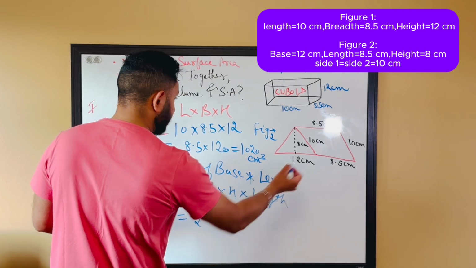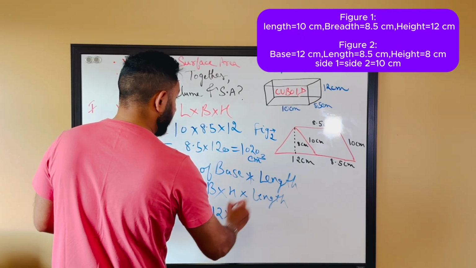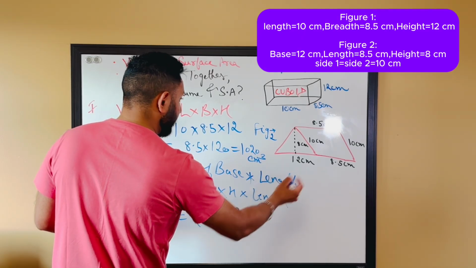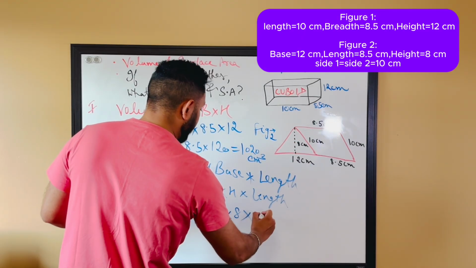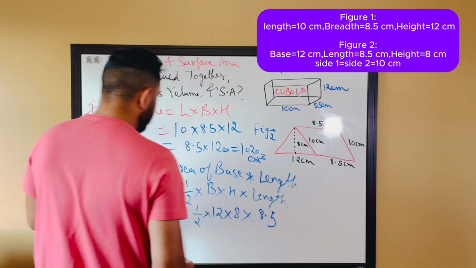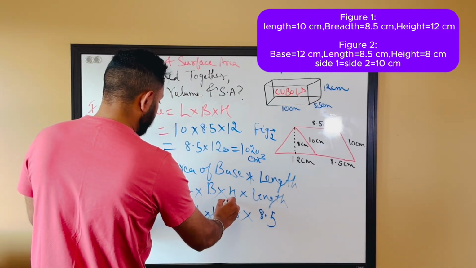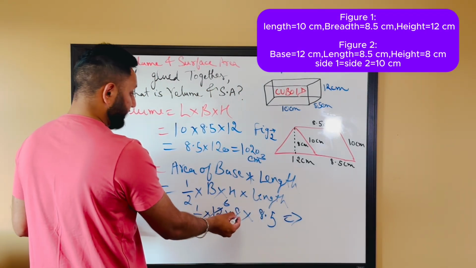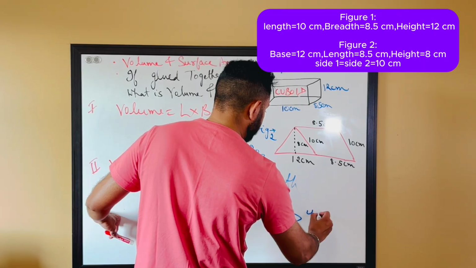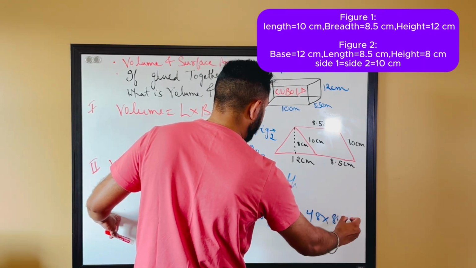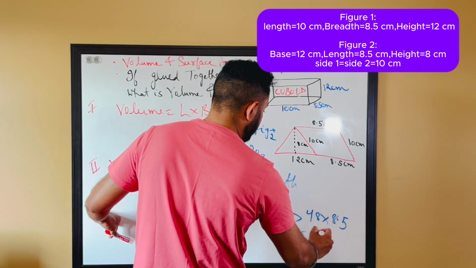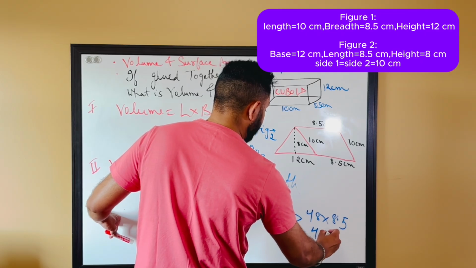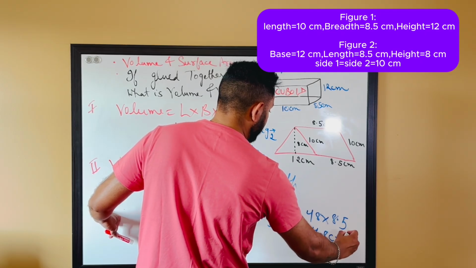So what is the base here? 12, and height 8, and length 8.5. So 6 into 8 is 48, into 8.5, it comes out to be 408 centimeter cube.